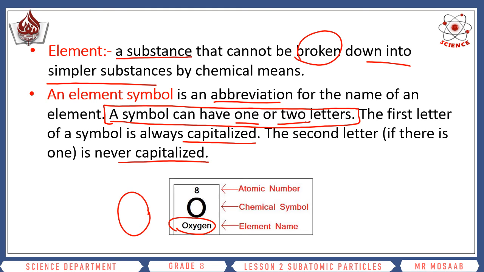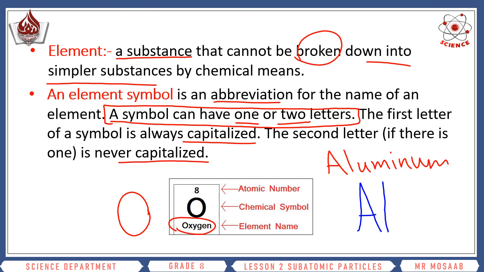For the last example, aluminum. How do we write it simply? The first letter is capitalized, A capital. Because it has two letters, the second letter will be small.